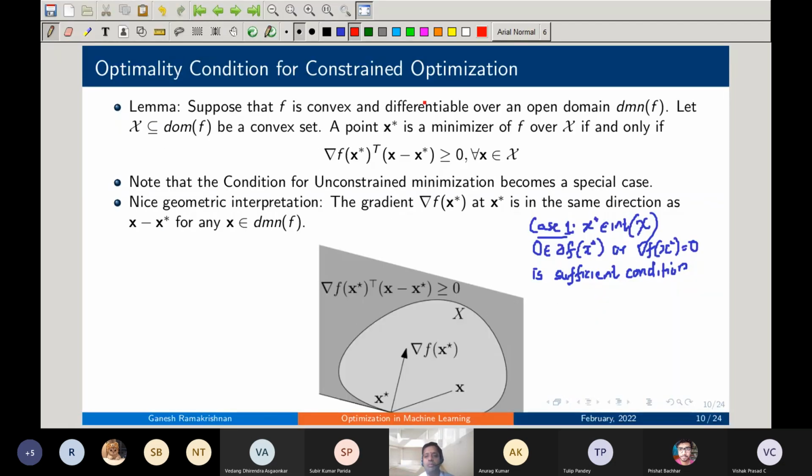So case two is this. In this case, x star is on the boundary. The boundary can also be denoted by partial, but I don't want to confuse you, so I'll just say boundary.